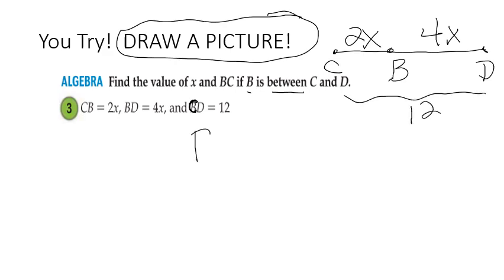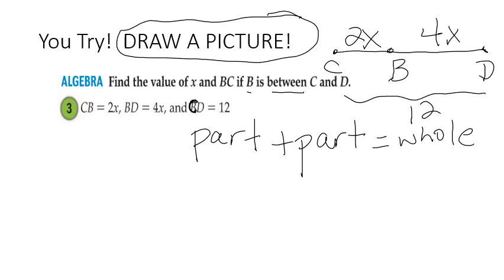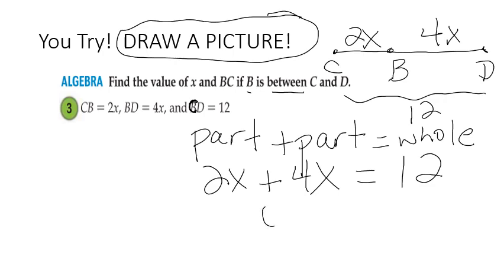So we'll do part plus part equals whole. 2x plus 4x equals 12. And x is 2.